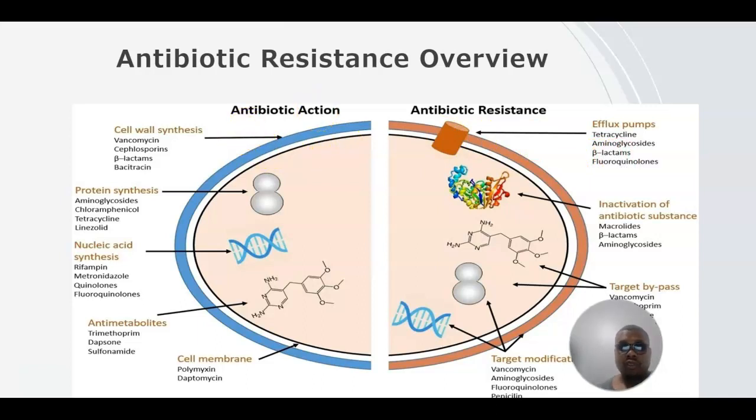Over time, even though penicillin is still utilized today, there was a point when penicillin wasn't as effective as when it was first made available to the public. What happened was the bacteria evolved over time because of the usage and the environment.